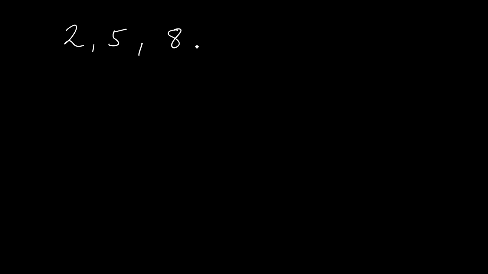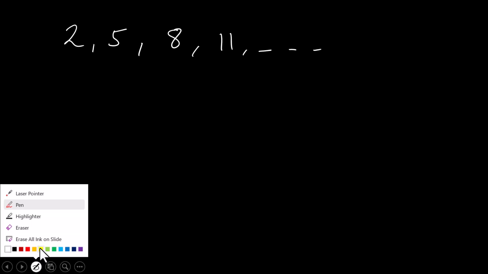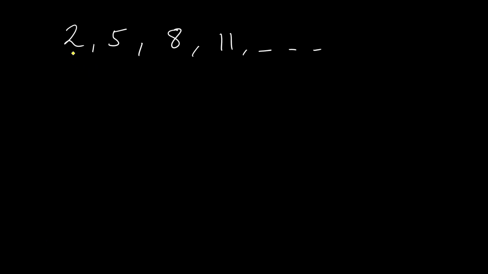Now let's consider the following numbers here: 2, 5, 8, 11. So now 2 and 5, we can see the difference is 3. 5 and 8 have 3. 8 and 11 we have 3.